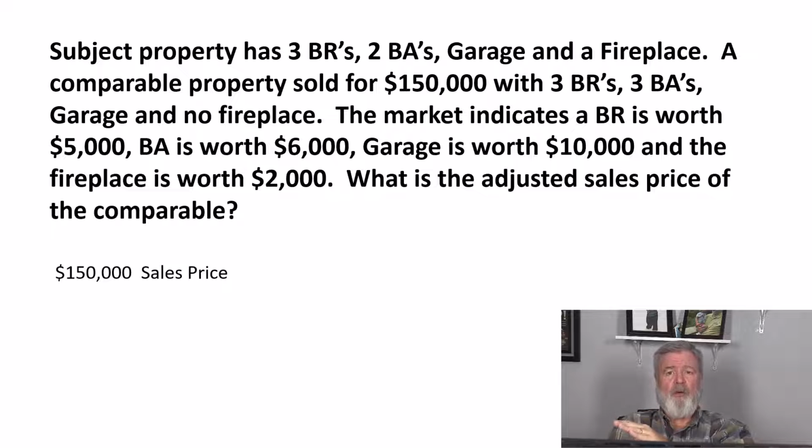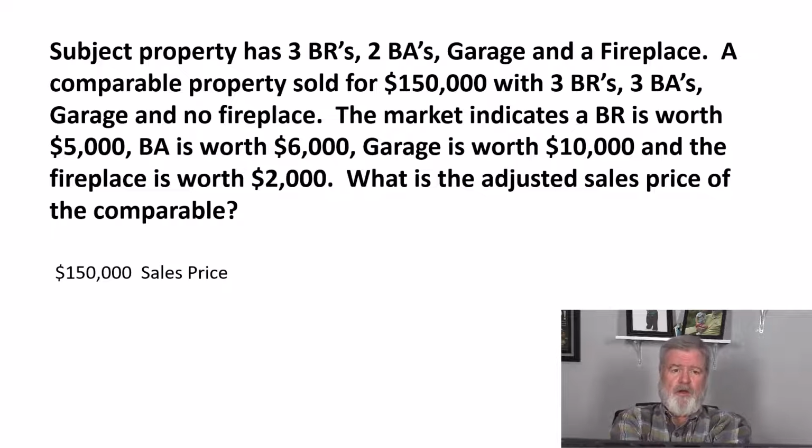Anytime the comparable property has more than the subject, then you must subtract. But if the comparable has less of something than the subject, then we must add. Y'all, that's the rule. And I'm telling you, if you're not being careful here and you get in a hurry, you're going to add something when you should have subtracted it, or vice versa. So take your time going through this.